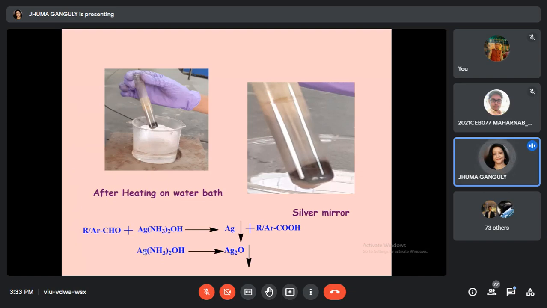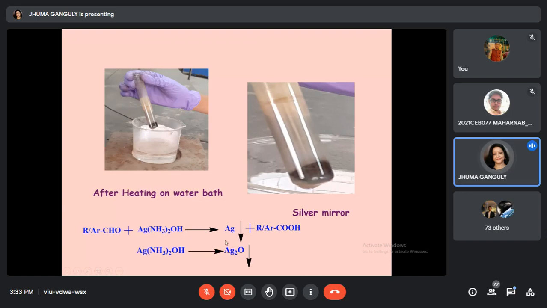It is soluble in NH3, forming a complex, and you get a clear solution of Tollens reagent, [Ag(NH3)2]OH.